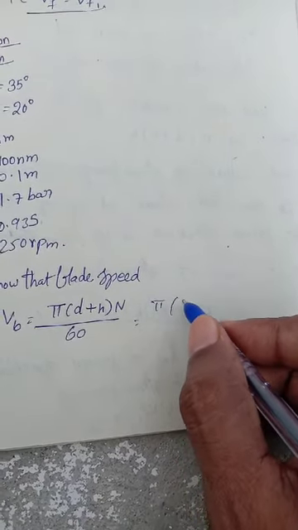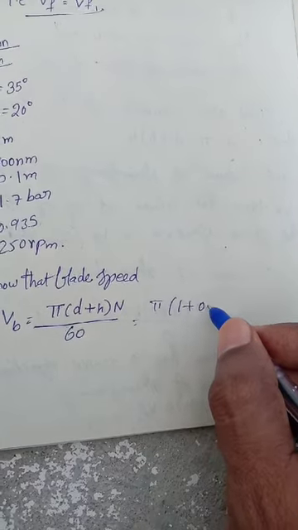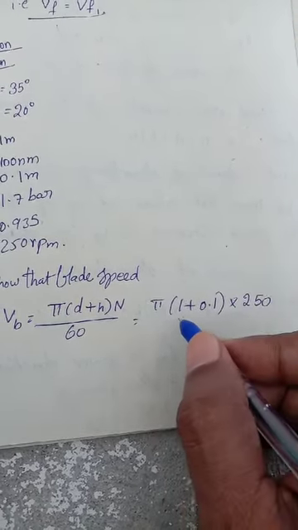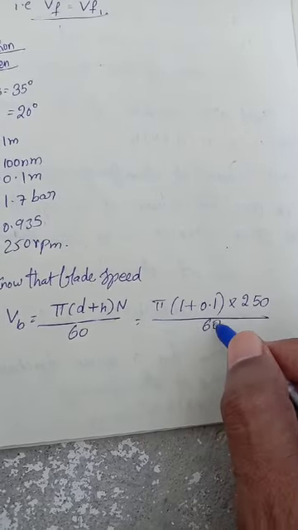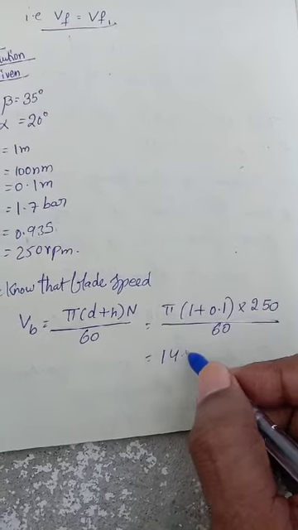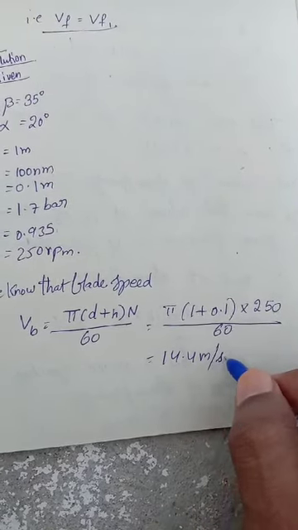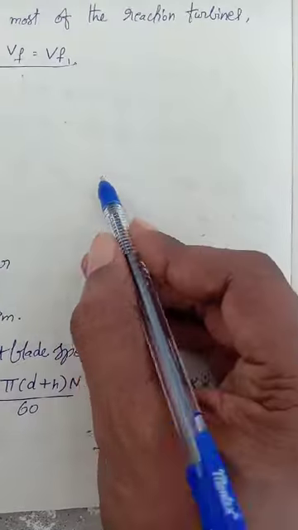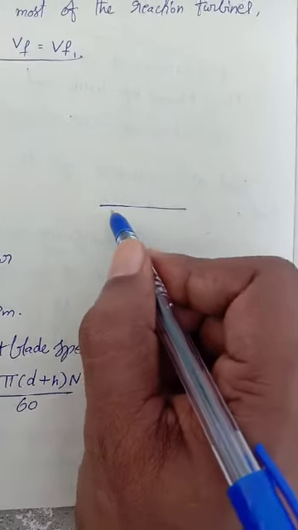Now pi into (1 plus 0.1) into 250 divided by 60. So solve this thing, we will get the answer here, VB. Now once VB comes, I am going to draw the velocity diagram.